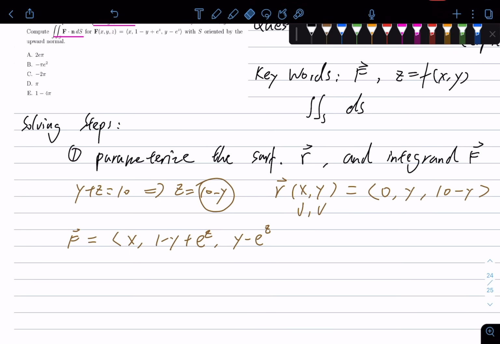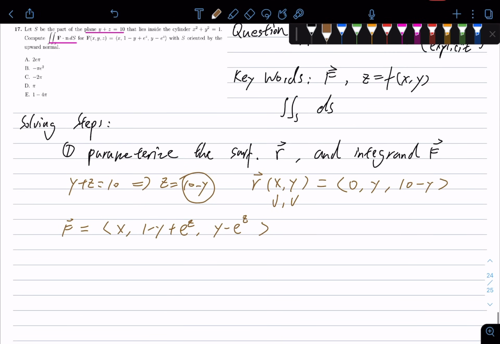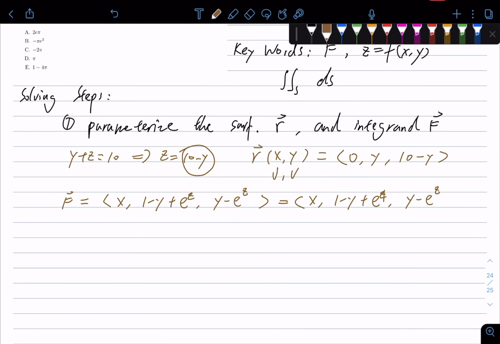Now we have our surface and our vector field written in our parameterization variables x, y and z. Okay, actually, never mind, I take that back. That's not done for us. We still gotta replace all of the z with respect to our parameterization variables x and y, and that's easy to do. Z we just replace with 10 minus y, and that's all the parameterization that you need to do. Not too difficult.